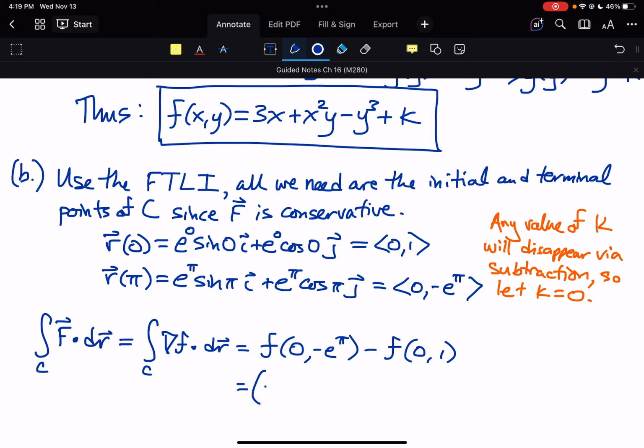So that's x is 0. So that's 0 plus 0 minus negative e to the pi cubed minus 0 plus 0 minus 1. So that becomes a positive, so that would be like e to the 3 pi, and then plus 1.